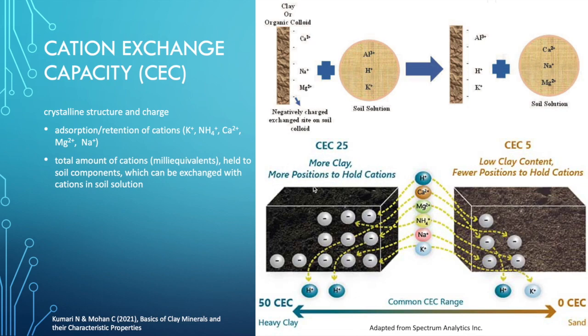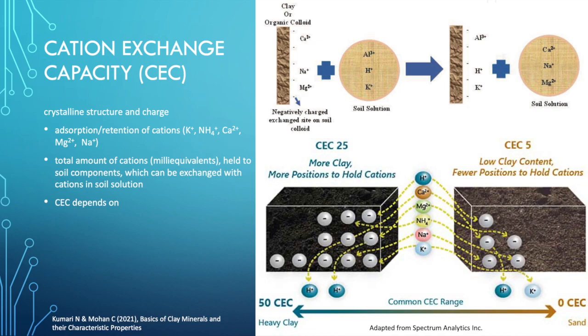And the more clay and organic matter there is in the soil, the more positions are present to hold cations, and vice versa. The lower the clay content, so the more sandy the soil is, the fewer positions are present to hold cations, and therefore sand has lower cation exchange capacity compared to clay. So this is basically how it's all measured.